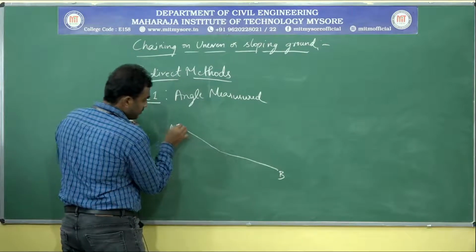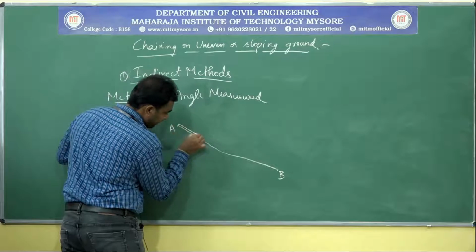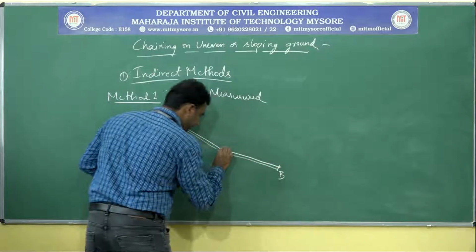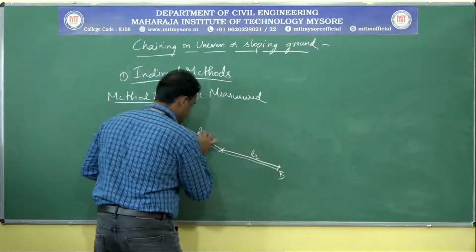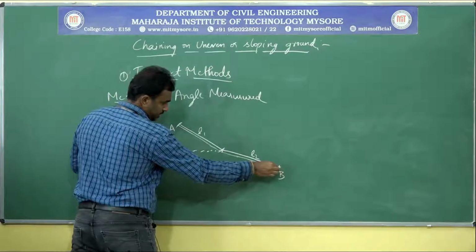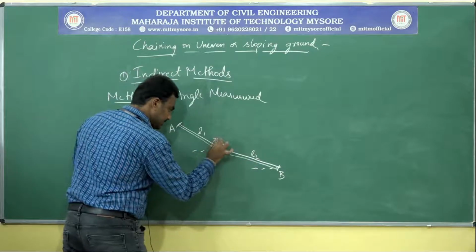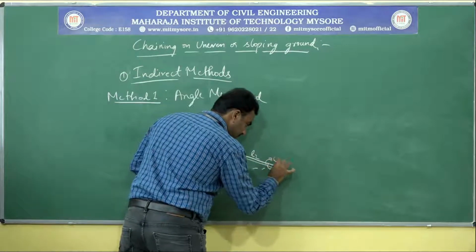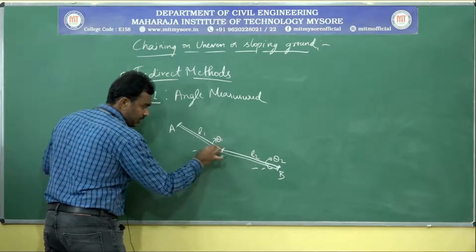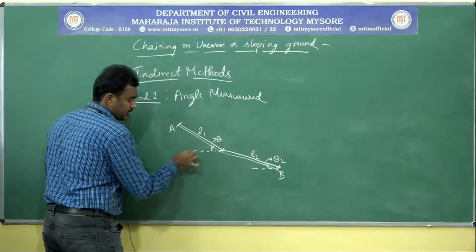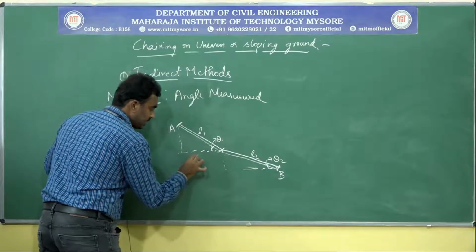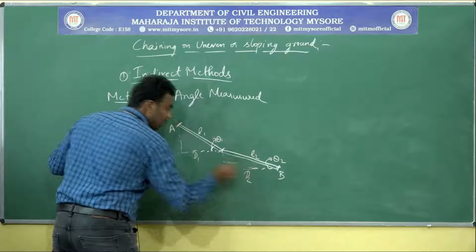In such cases, we will consider the sloping distances L1, L2, and we will consider the slope with the horizontal. By knowing the sloping distance and the slope, we can easily calculate the horizontal distance.